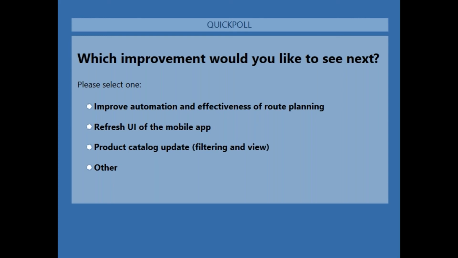Exactly. So we are getting the votes in, and the poll is looking very much as I would expect it to look, but I'll share the results in a moment.